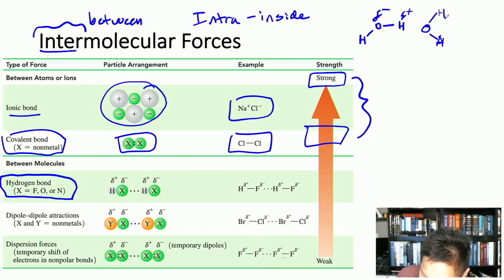This second water molecule is composed of the same exact thing, so we have a partially negative oxygen there and a partially positive hydrogen there. The partial positive hydrogen from the first one is attracted to the partial negative of the oxygen on the second water molecule.